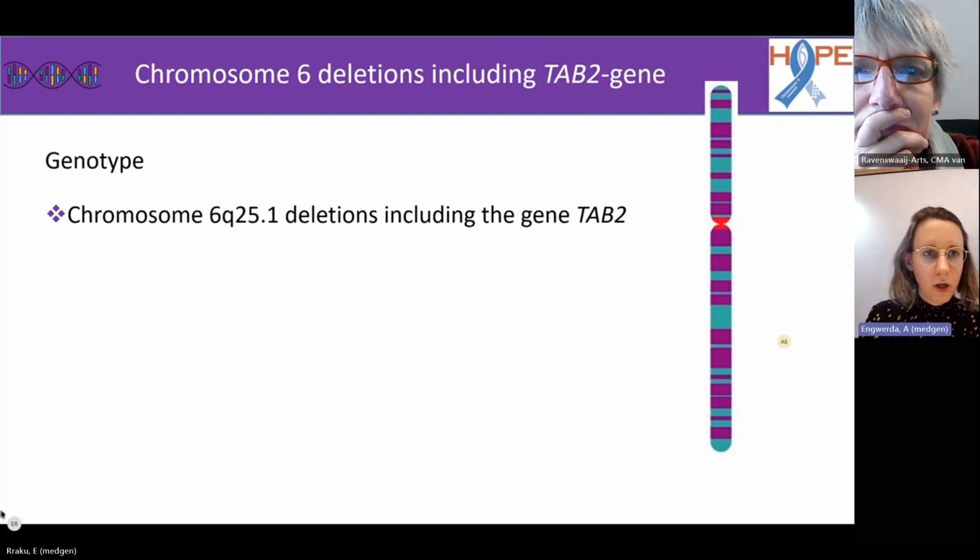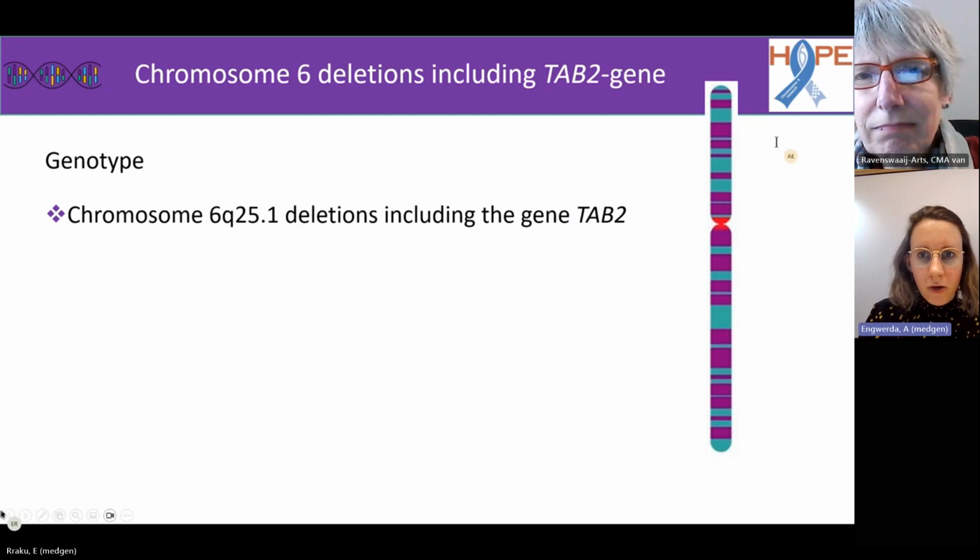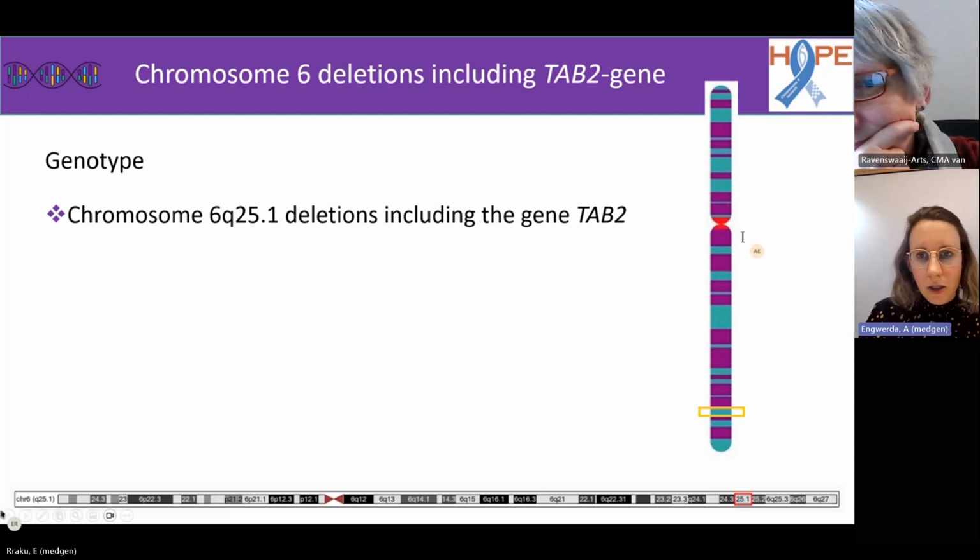So first of all, let's talk a bit about the genotype, so the chromosome deletion. Where is it on the chromosome? So here you can see a representation of chromosome 6, and then the TAP2 region is here in the yellow box.